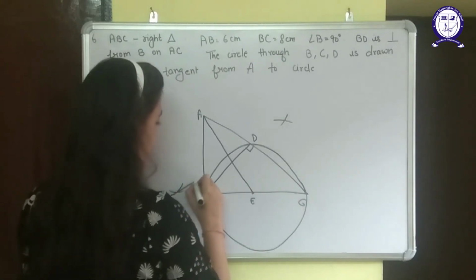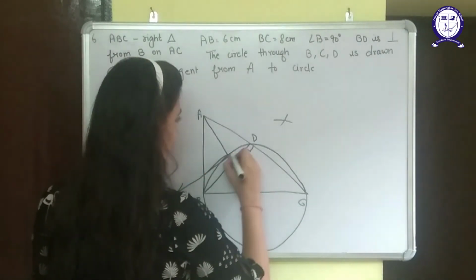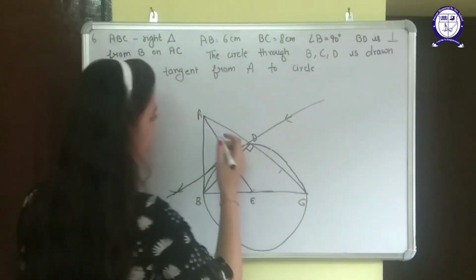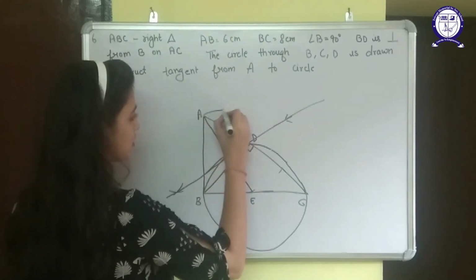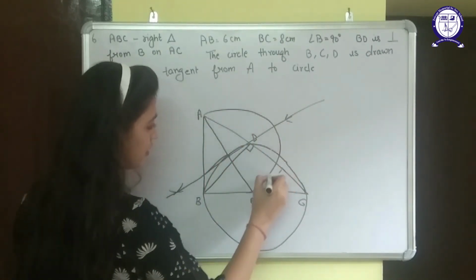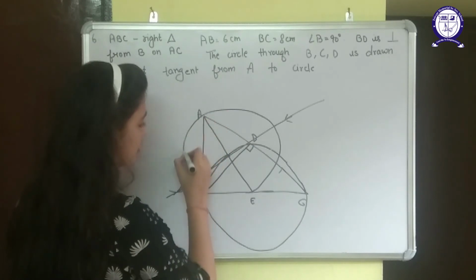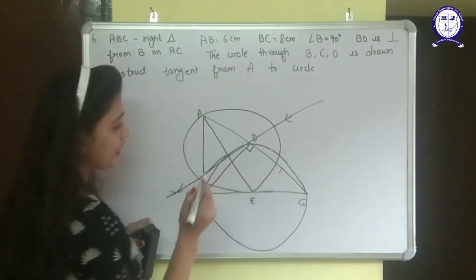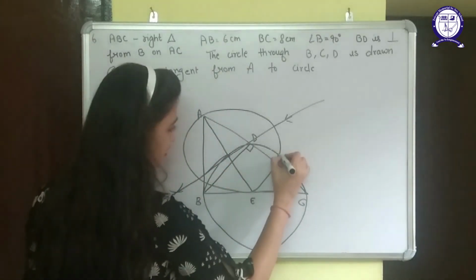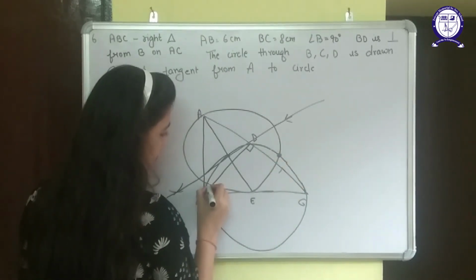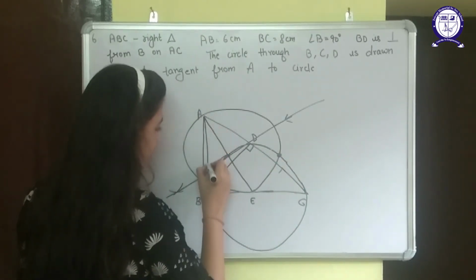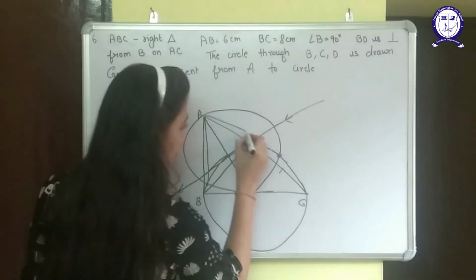Okay. Now joining them. And now with this point, I will draw another circle like this, and the points where it cuts the previous circle are this one and this one. So join these 2 lines.